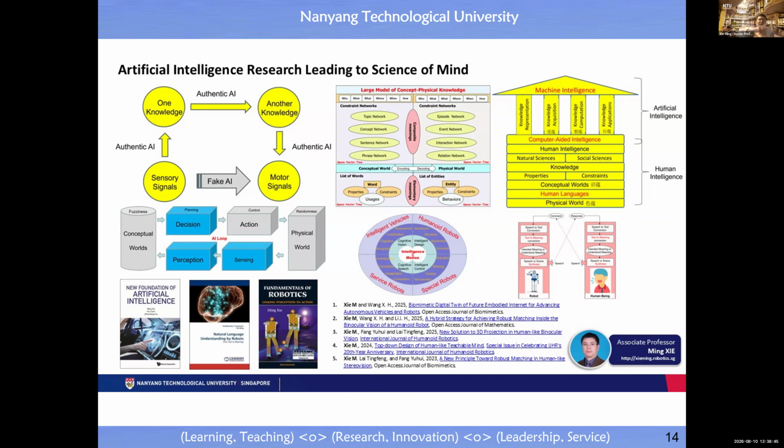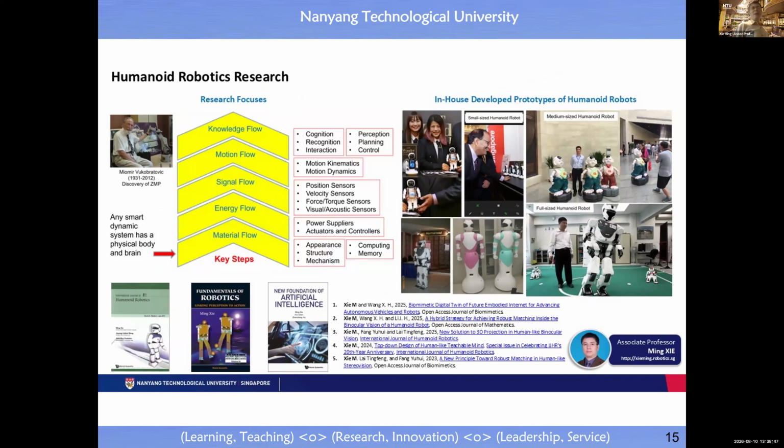Clear. Then the application of AI onto physical systems, right? There are many opportunities. One is to apply AI to or inside a humanoid robot. Here you see the prototypes that we have developed, from a small humanoid robot to a full-size humanoid robot.